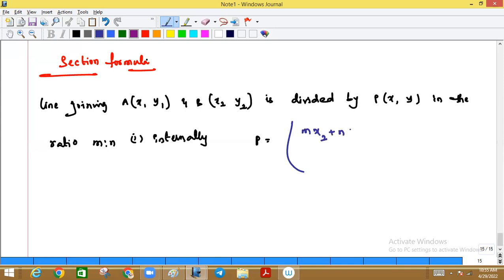The point is (mx2 plus nx1) by (m plus n), (my2 plus ny1) by (m plus n). Sorry, mx2 minus nx1, this is for externally.